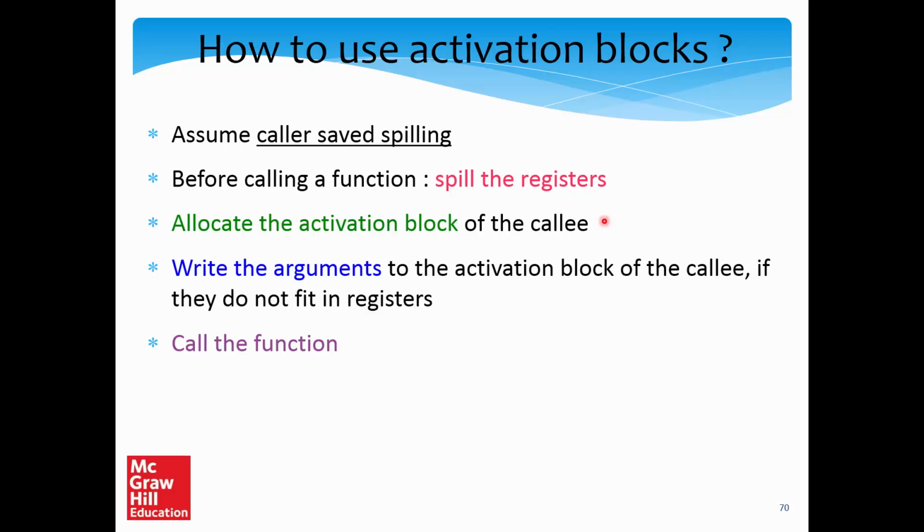But if there are more arguments, they need to be passed via memory. The way we do that is we write the arguments inside the activation block of the callee, and then we call the function. Just to illustrate how this works, let me draw a small diagram.